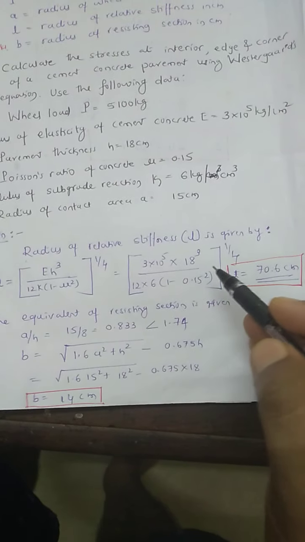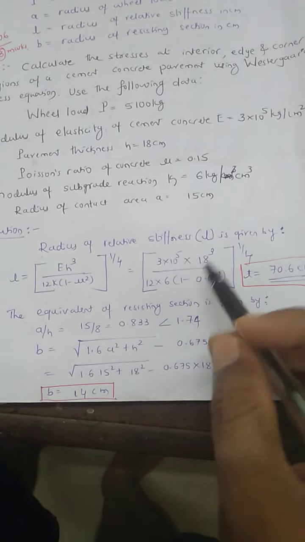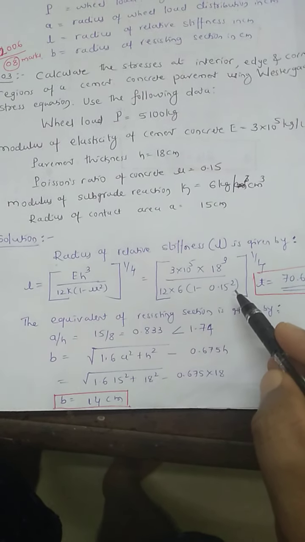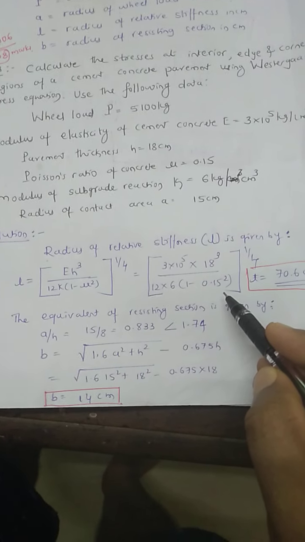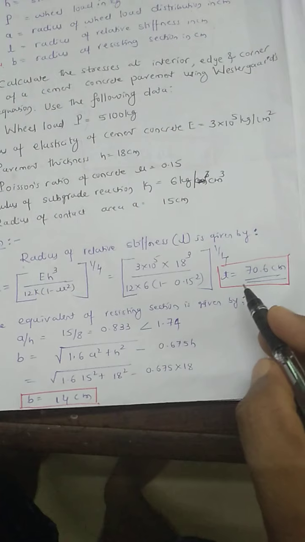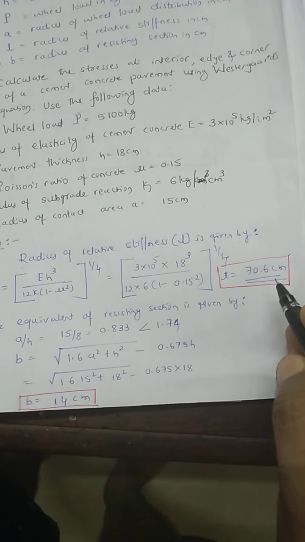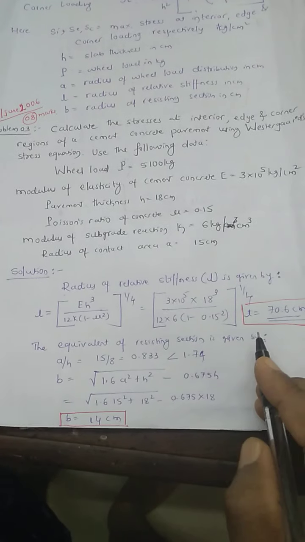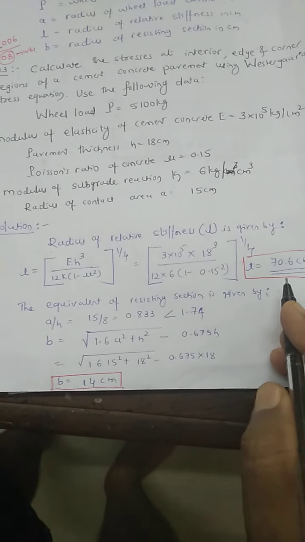So 18 cube divided by K is 6, that is the modulus of subgrade reaction, and mu is the Poisson's ratio, that is 0.15. If you put the values, we get L is 70.6 cm. This is L, radius of relative stiffness, 70.6 cm.